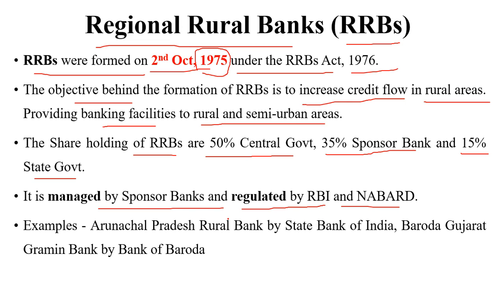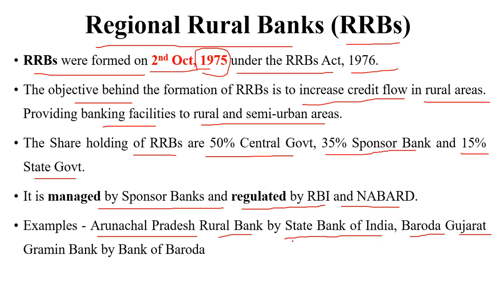So regional rural banks were established to increase credit flow in rural areas and provide banking facilities. The shareholdings are 50% central government, 35% sponsor bank and 15% state government. It is managed by the sponsor bank and regulated by the Reserve Bank of India and NABARD. For example, Arunachal Pradesh Rural Bank is established or sponsored by State Bank of India.